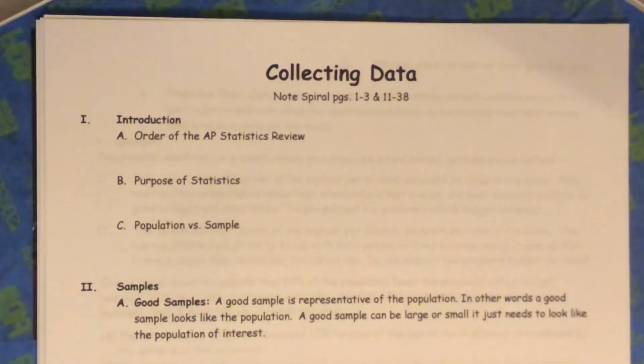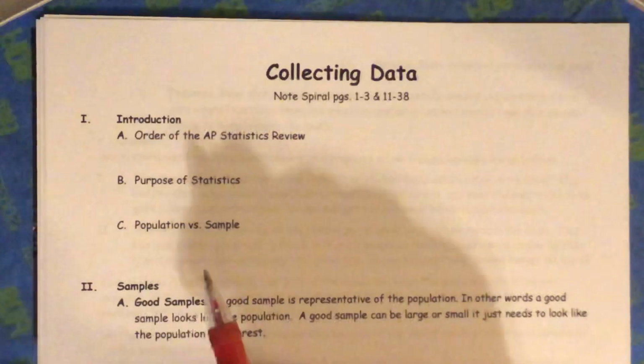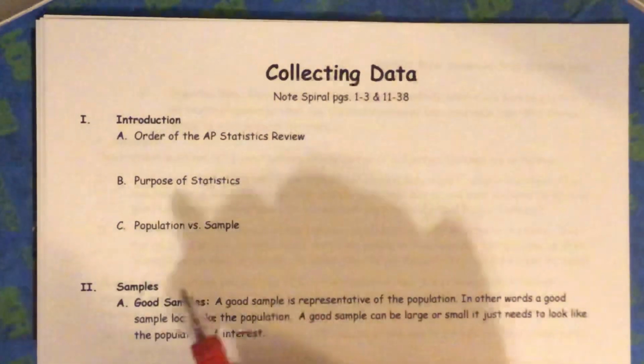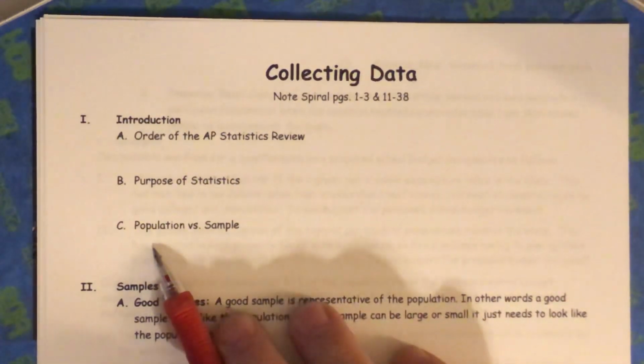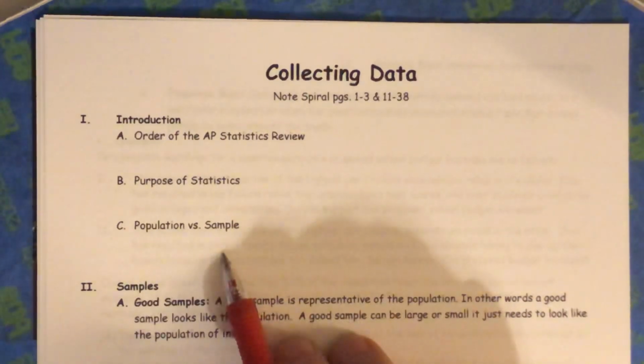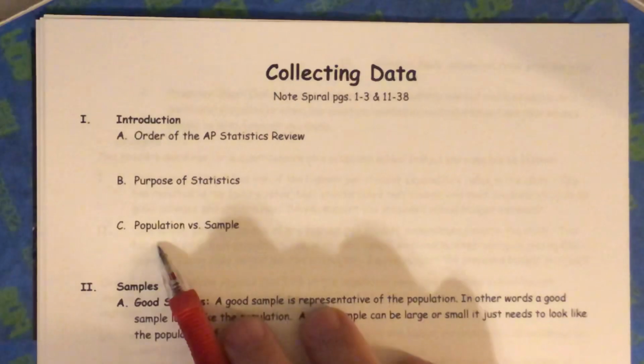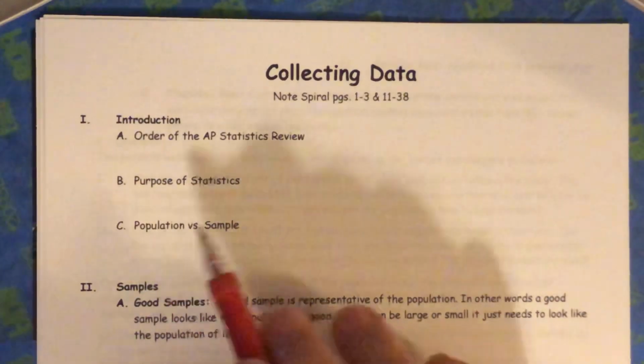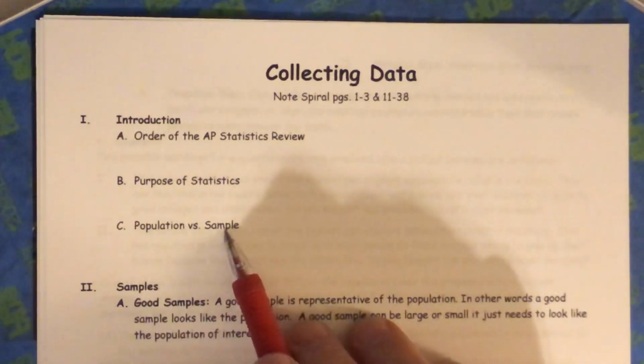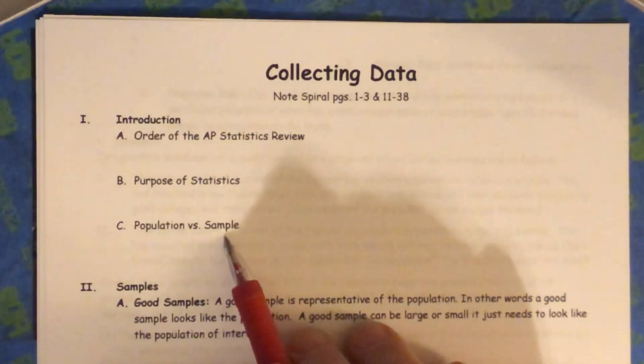So the very first thing I want to talk about is this population versus sample. The big deal is populations have parameters, whereas samples have statistics. If we know the population parameter, we don't even need the whole entire subject of statistics. If we're working with a sample, which is a subset of this data, we are working with the statistic.